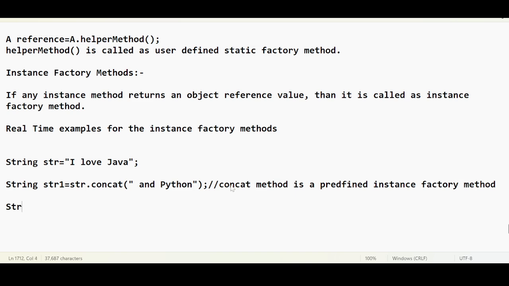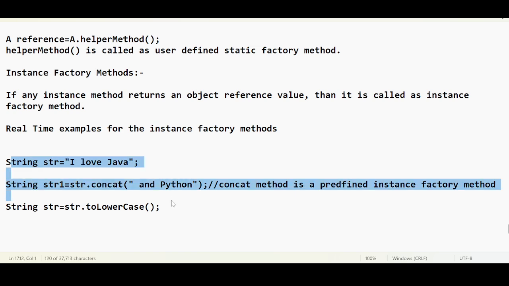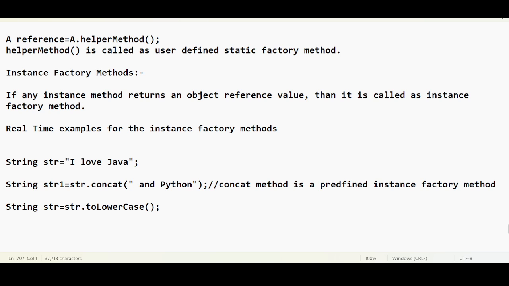Another example. String is a class. Let me do str2. If I do str dot toLowerCase, don't worry about these things, these are future topics. For now, just understand that you're trying to understand instance factory methods.